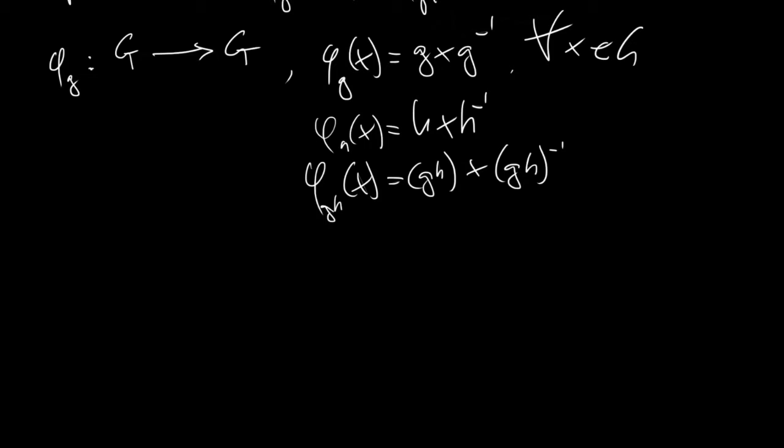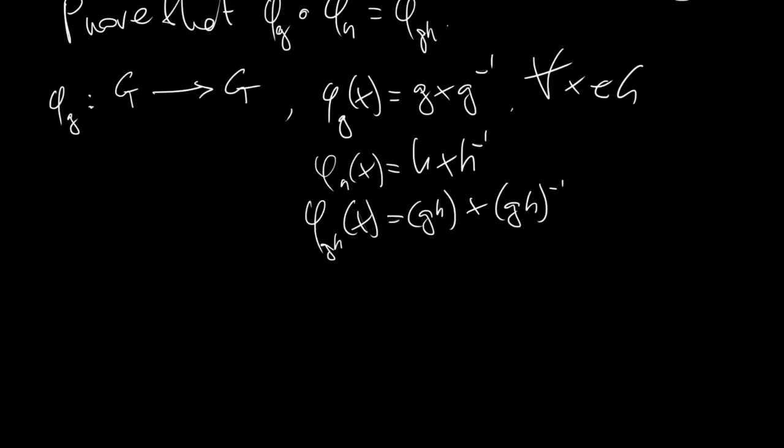We have to prove that the composition of these two functions is equal to this. First, remember that φ(g) composed with φ(h) is this inside this.